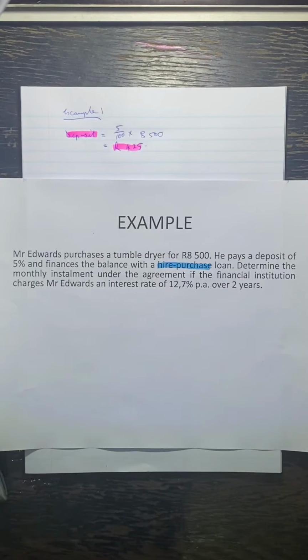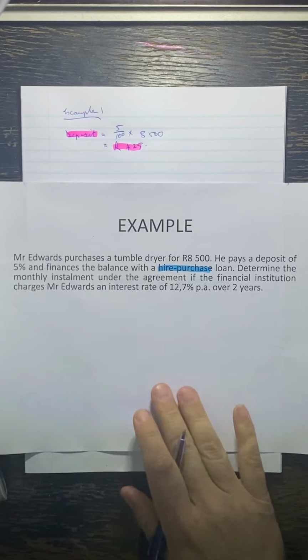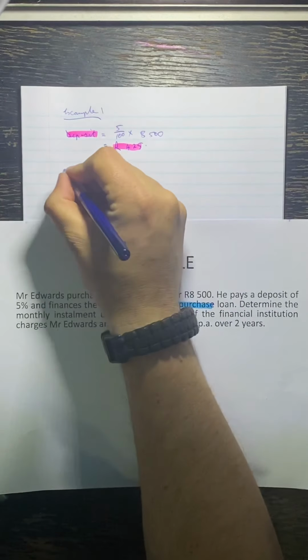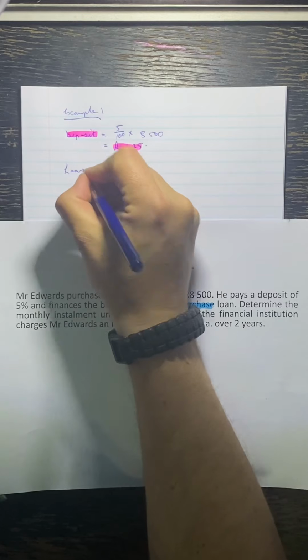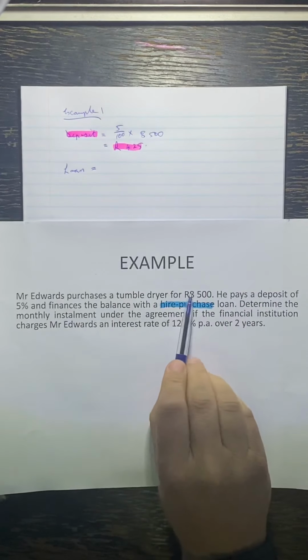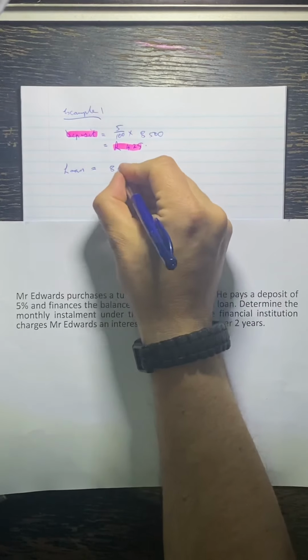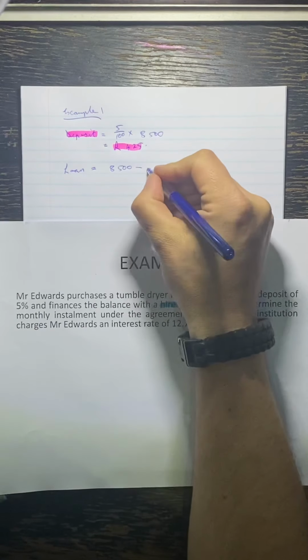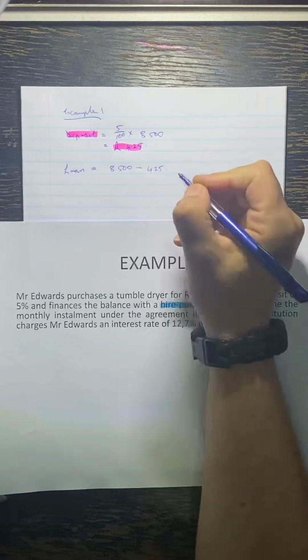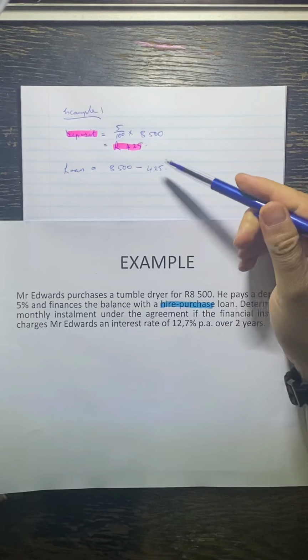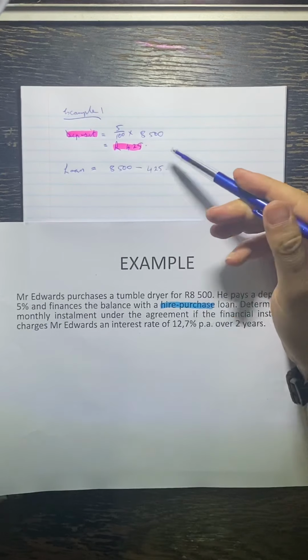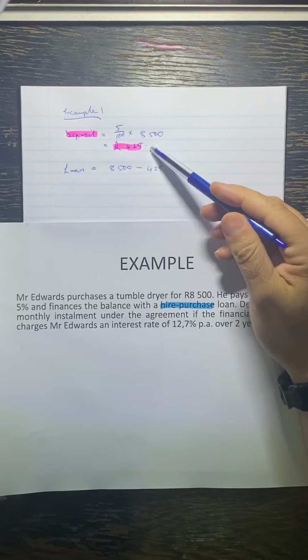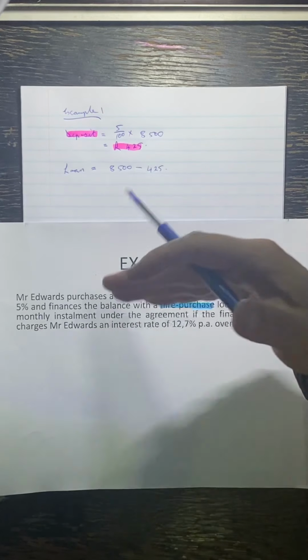What we need to calculate now is the loan amount. The loan amount will be equal to the original amount subtract the deposit. Now remember how that works is whenever you take something on a hire purchase, you have to give a deposit and you are paying for that item.